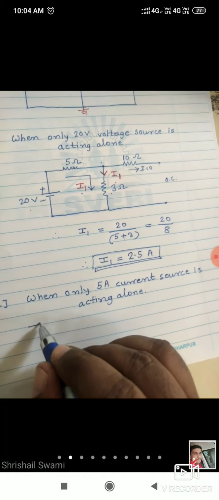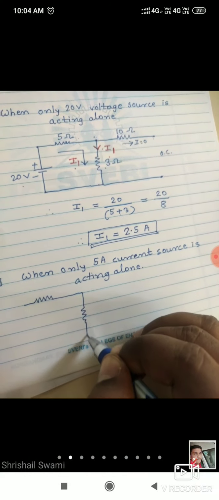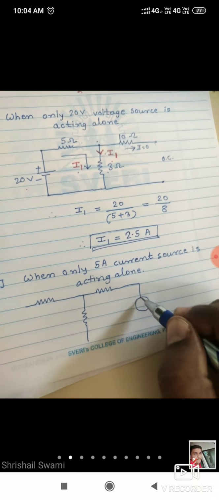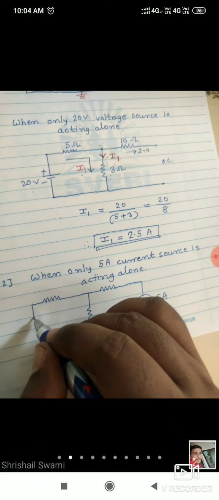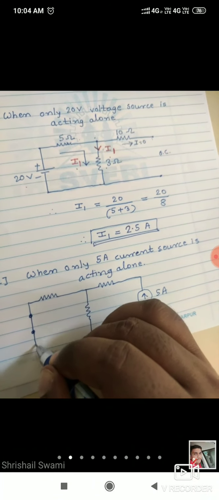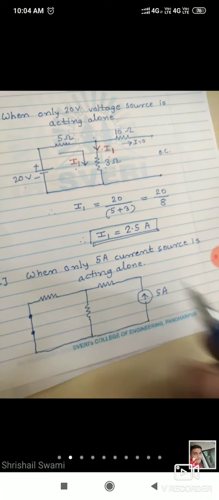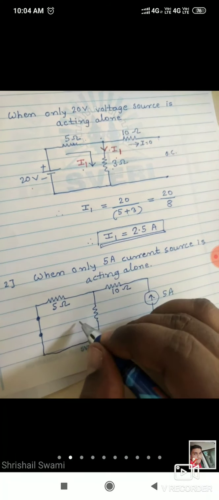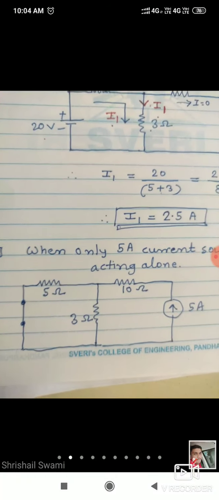So once again I will draw the circuit. Okay, now this will be the circuit.